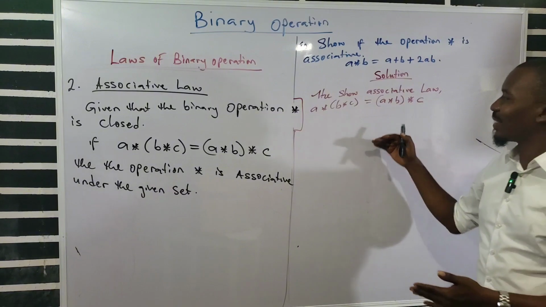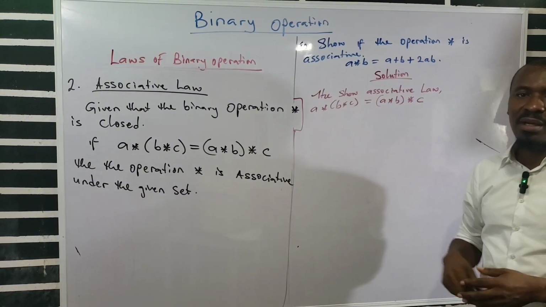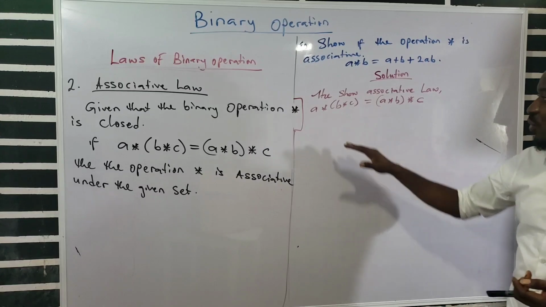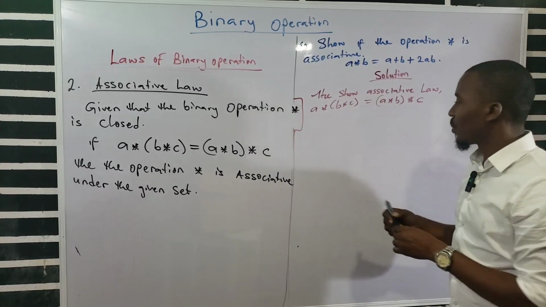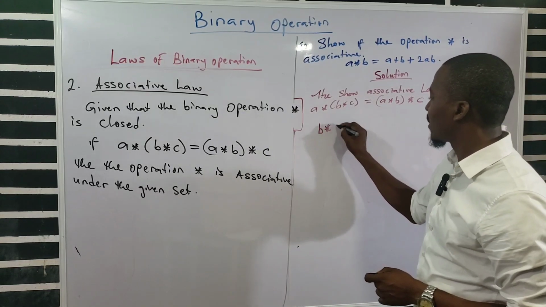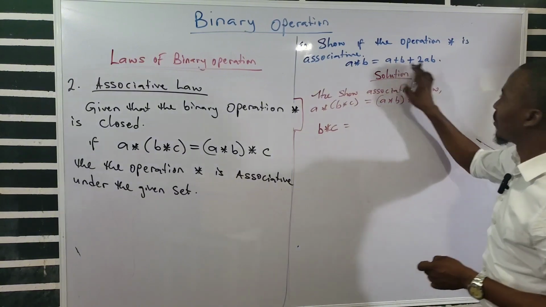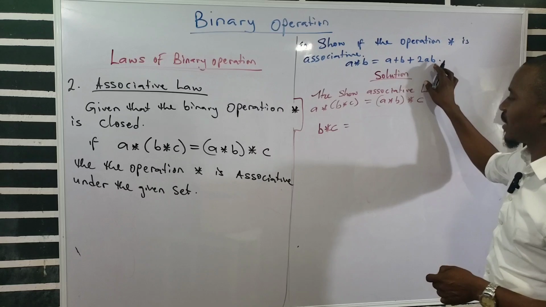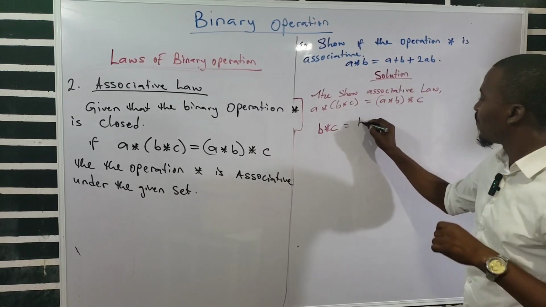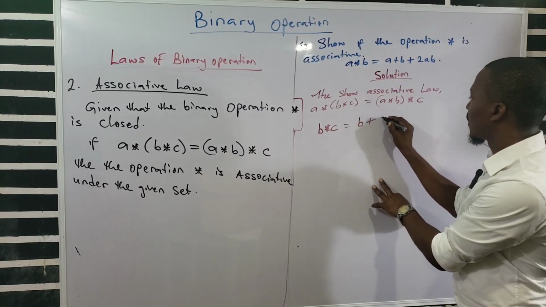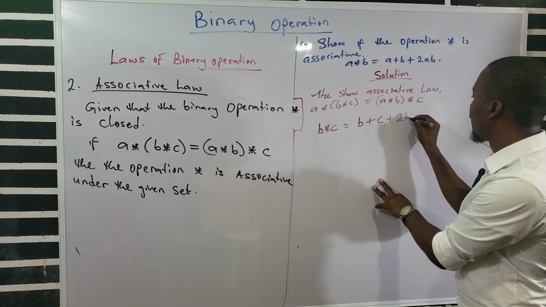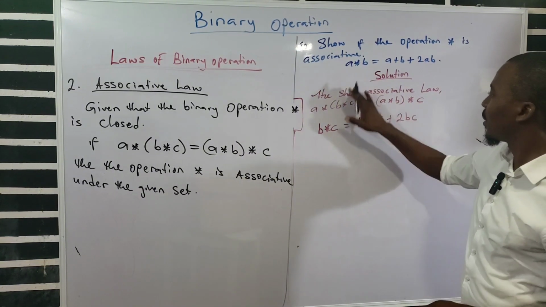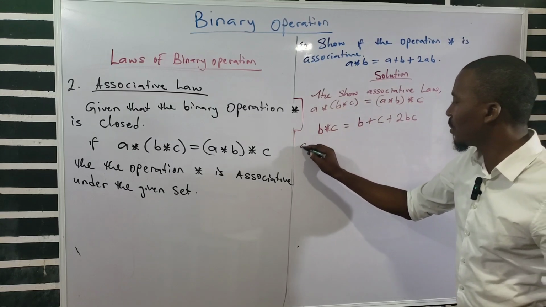It takes a little longer than the commutative law. So first of all, take care of this. B binary C, obeying this rule of combination, the first plus the second plus 2 times the first and second. So that will give us B plus C plus 2BC. Okay, now we have gotten this. Now let us include A binary.